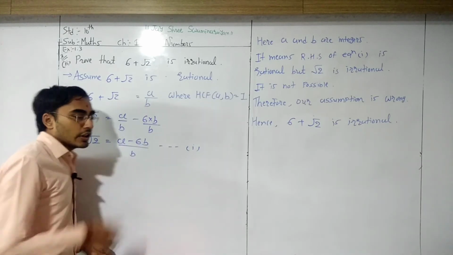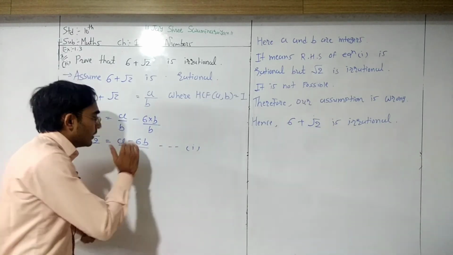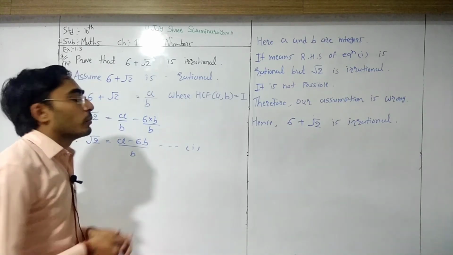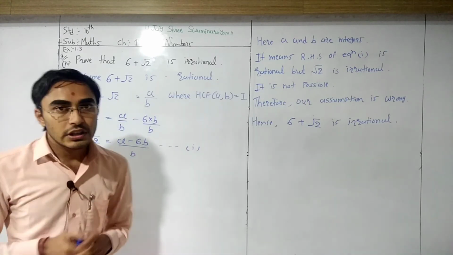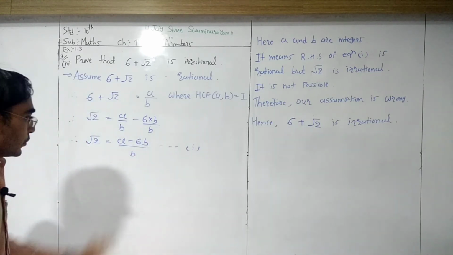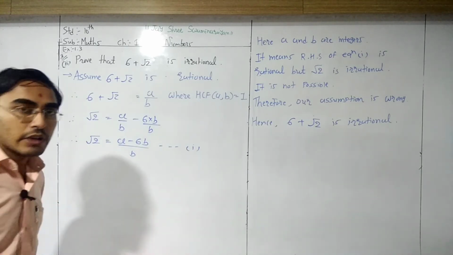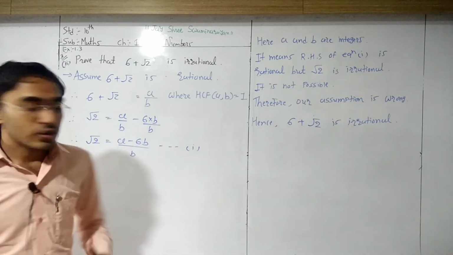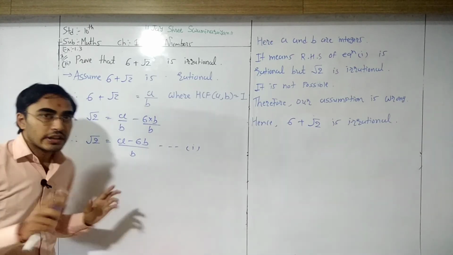That means our numerator and denominator are both integers, and if they are both integers, it forms a rational number. So our right hand side is a rational number, but in the left hand side we have root 2, and we already know that root 2 is an irrational number. So the left hand side is irrational and the right hand side is rational.